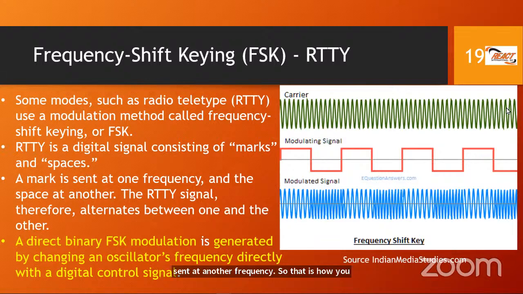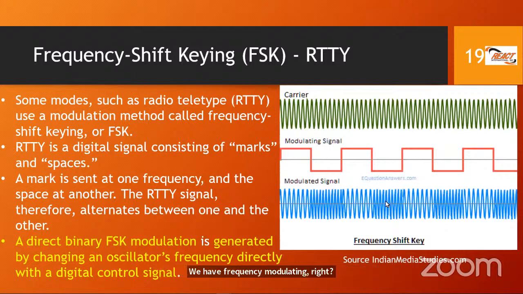So notice here, you have the carrier, then you have the modulating signal. This is digital, so you have a 1 and a 0. We recognize that these signals are at different levels. When we apply this modulating signal, notice it's not a nice smooth sine wave, it's a square wave like this. So you have the mark and the space, mark and the space, and we apply it to the carrier. Notice what happens here. We are frequency modulating. This is one frequency, and from here to here is another frequency.